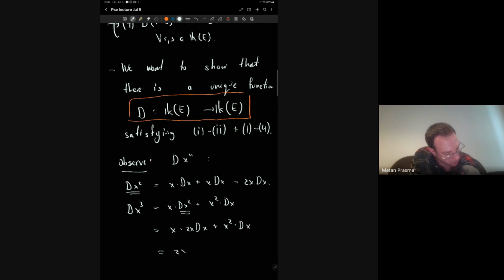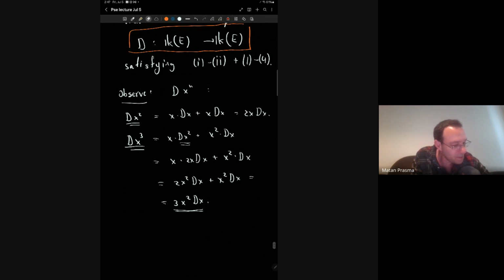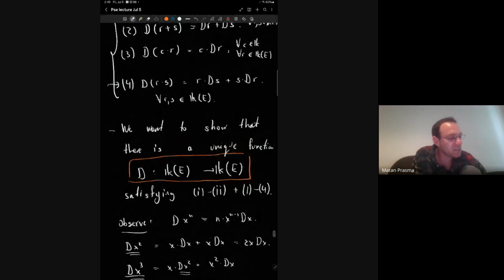I get 2x squared dx plus x squared dx, which is 3x squared dx. More generally, you prove by a very simple induction that d of x^n is n x^(n-1) dx. Is this clear? This just uses property 4.